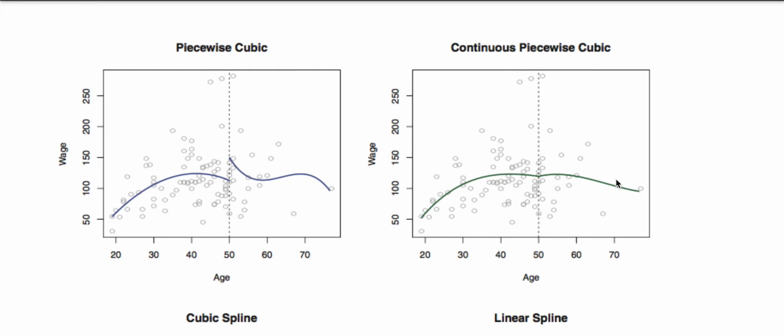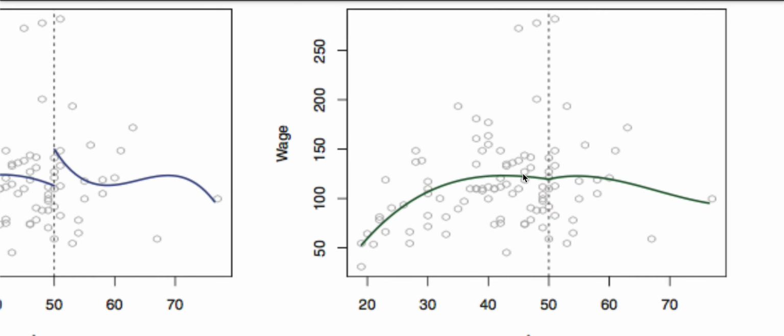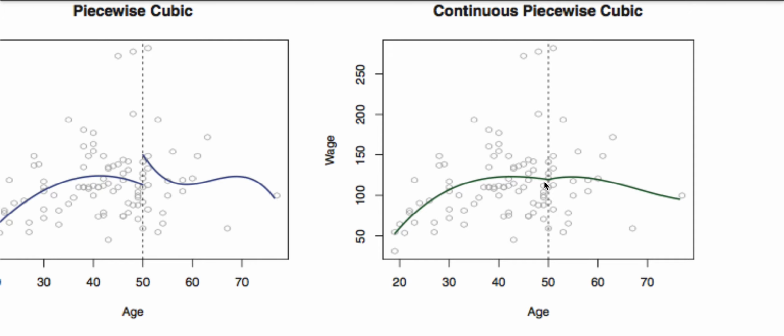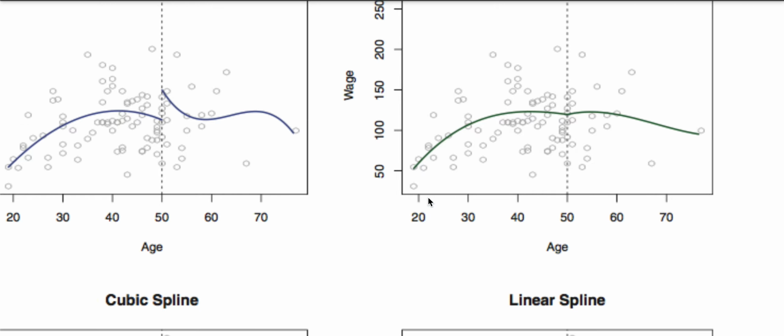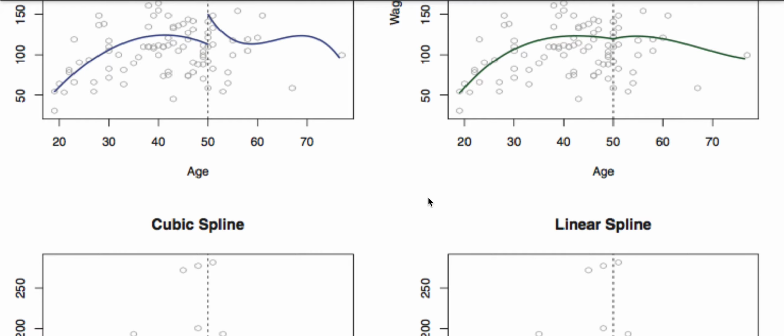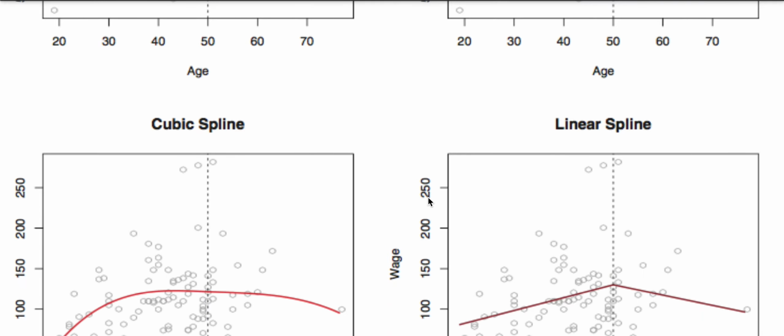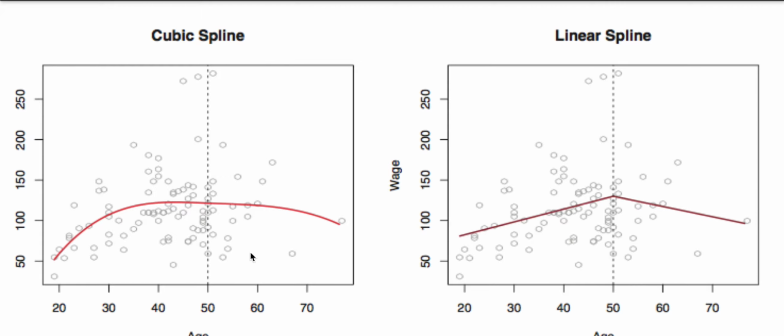So continuity is not sufficient. It's better, but this is still unusual. So what we do is we can add another constraint, and that constraint is that the derivative is continuous. And then we have a cubic spline.